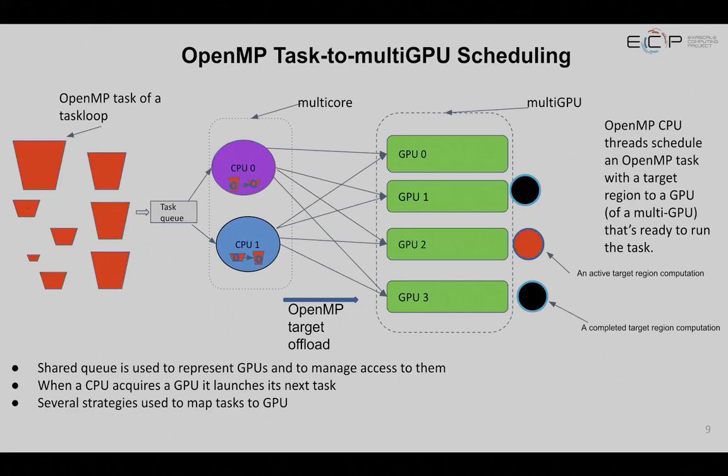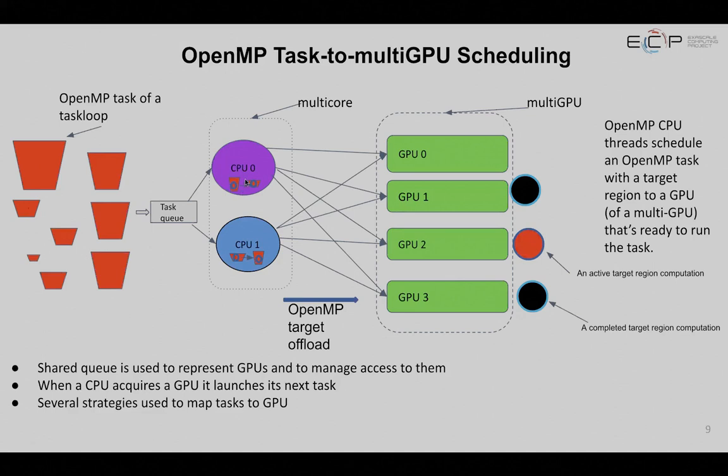We start with an OpenMP offload code using one GPU, and then we extend the code for multiple GPUs by having a taskloop surround the key computational loop, and the taskloop tasks are shown in those red buckets. From that, we have a task queue distributing those tasks to each of the CPUs.